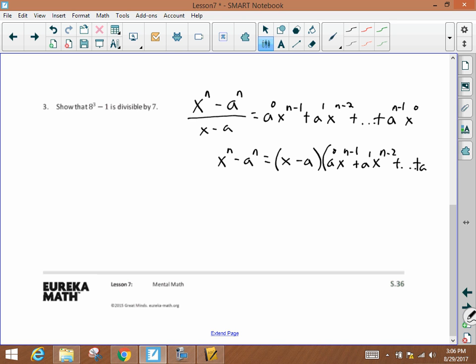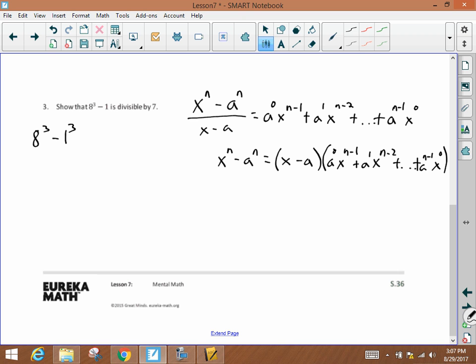Not as neat as I would like it to be, but there it is. So I'm going to use this property to show that 8 to the 3rd power minus 1 is divisible by 7. Can I write this as 8 to the third power minus 1 to the third power, can't I? I surely can. And I need a little more space, so I'm going to write it down here.